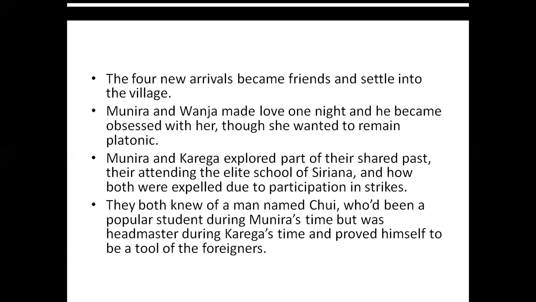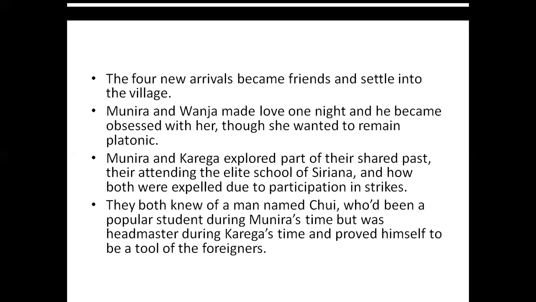Wanja went to a soothsayer, who told her that Wanja can become pregnant if she passes a night in a full moon with a person. And for this reason, Wanja stayed a night with Munira, but they failed.